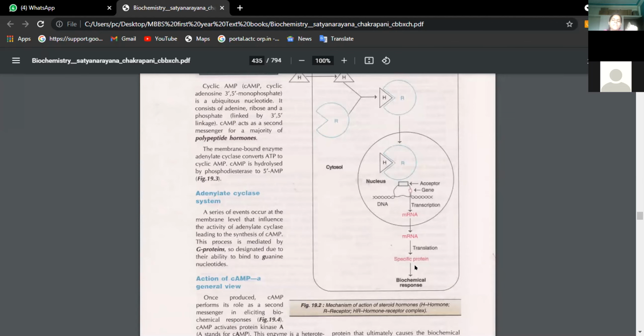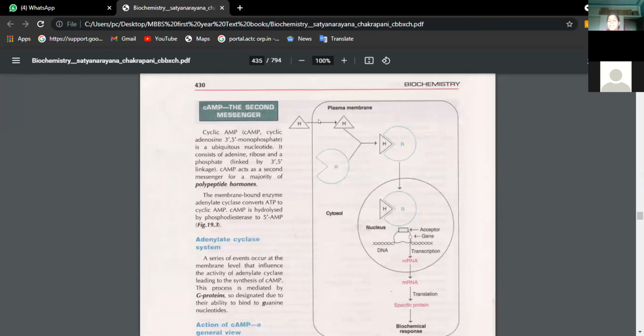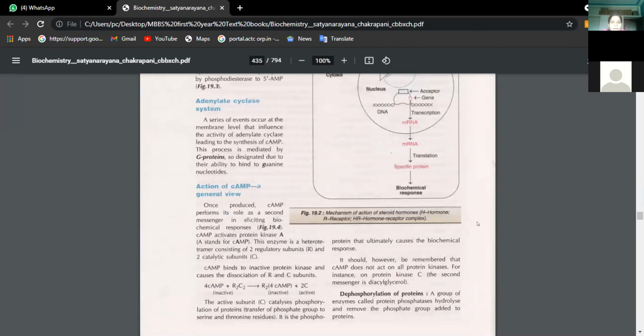The same thing we studied for vitamin A and vitamin D. That's why vitamin A and vitamin D are nowadays called more hormones than vitamins. Okay, so this is the mechanism of action of group 1 hormones.